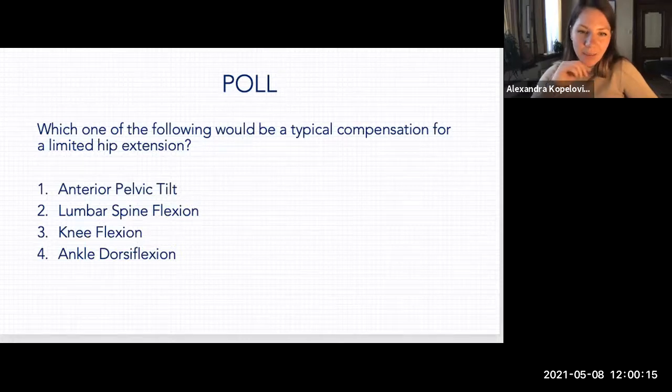Is it the anterior pelvic tilt, lumbar spine flexion, knee flexion, or ankle dorsiflexion? And I'm going to end it.